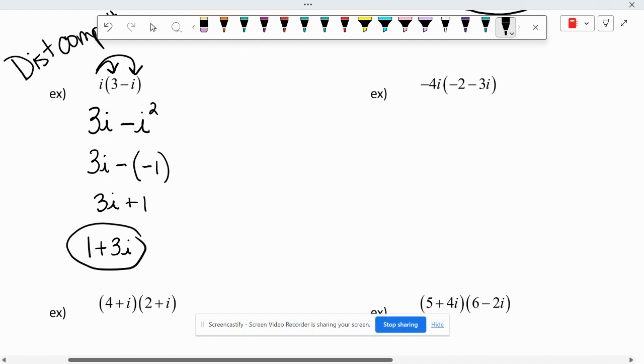So I'm going to freeze the screen, and I want you guys to try the next example. You're going to distribute that negative 4i to each term.